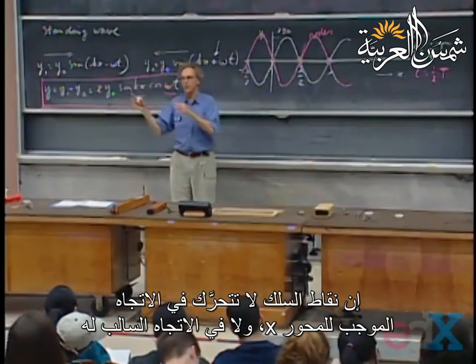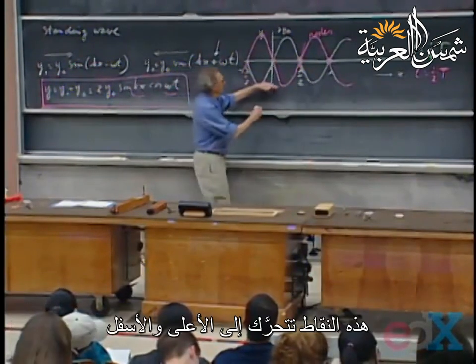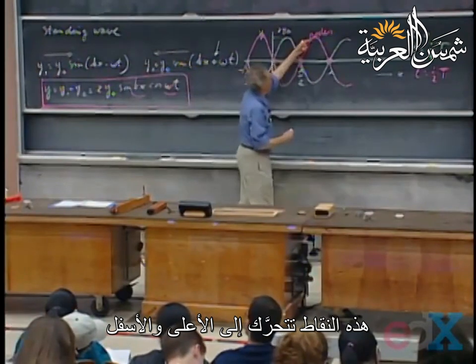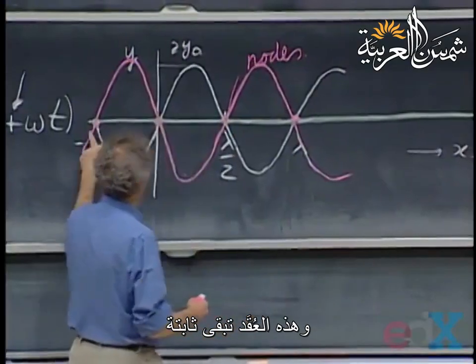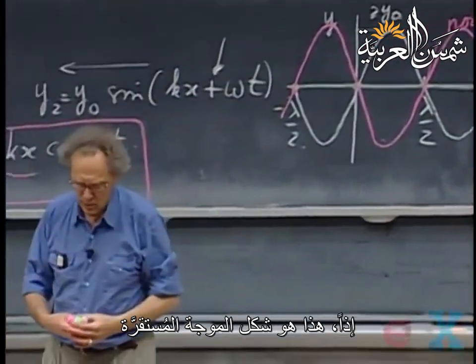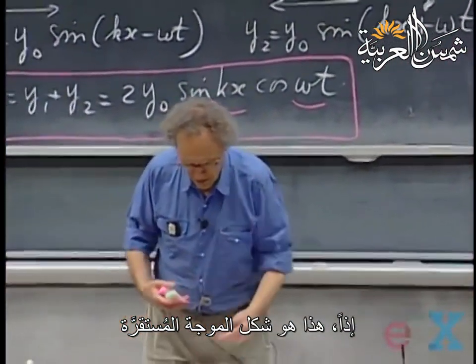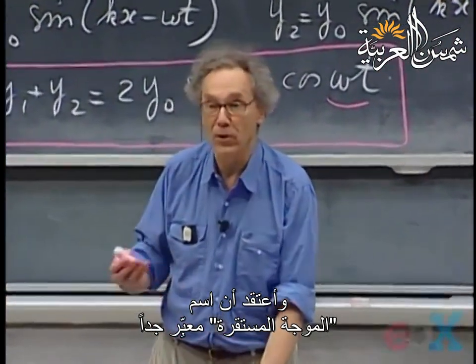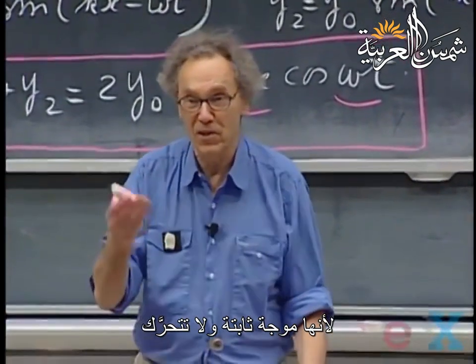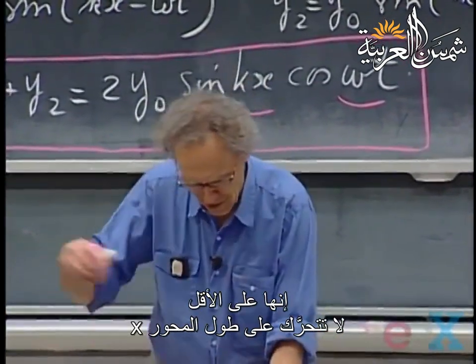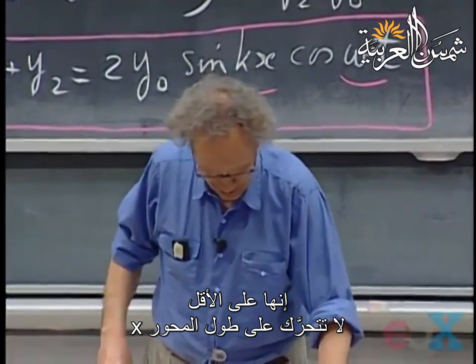Nothing is going like this, nothing is going like this. You see this point going up and down, up and down, and this will do the same, and these nodes will do nothing. So that is what a standing wave will look like, and I think the name standing wave is a very appropriate name, very descriptive, because it's really standing, it's not moving, at least not traveling along the x direction.